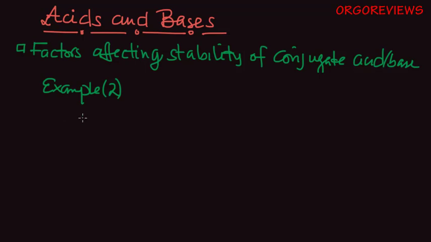So another example can be when you have a carbon that has a negative charge versus when you have oxygen with a negative charge. We wanted to compare these two groups and see which one will have better stability in terms of anion.